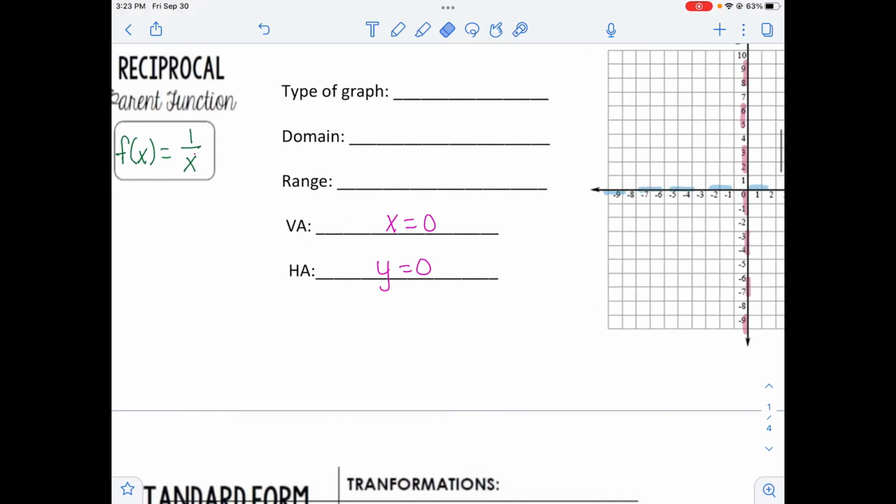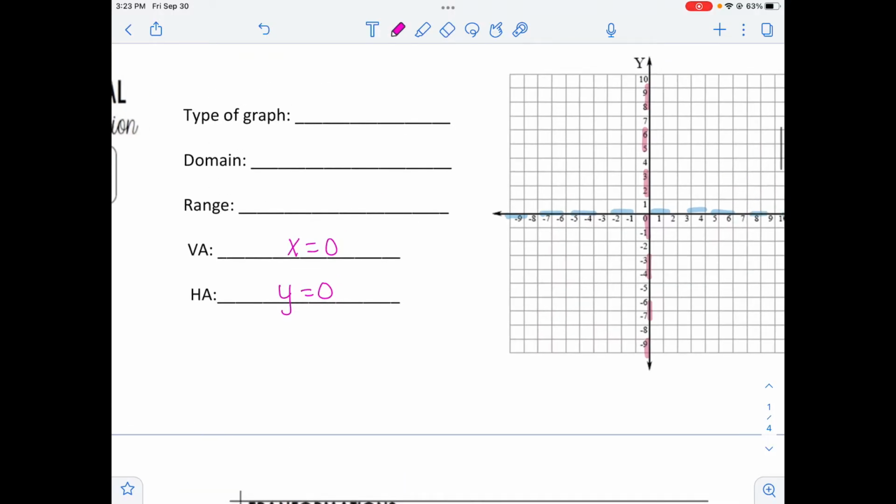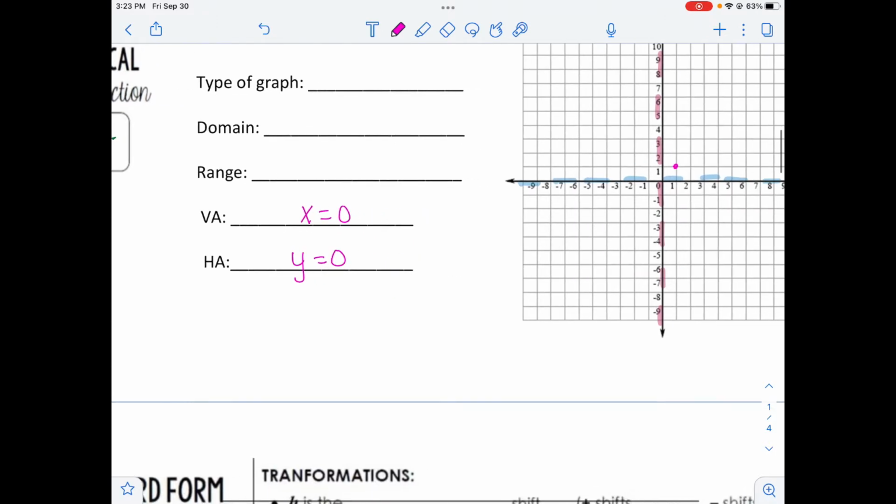So if we put in 1 for an x, 1 divided by 1 is 1. So we know that we would actually have a point at 1, 1. Okay. If we put in, say, a 2 for x, we would have 1/2. So 2 is up at a half. So we'd have a point here.